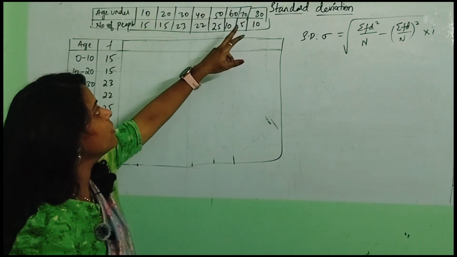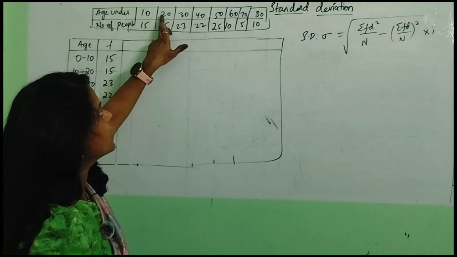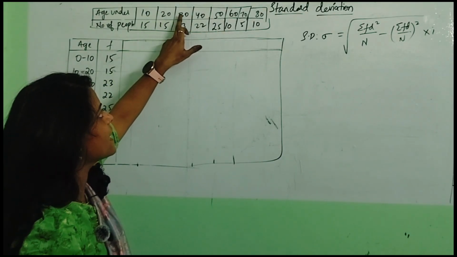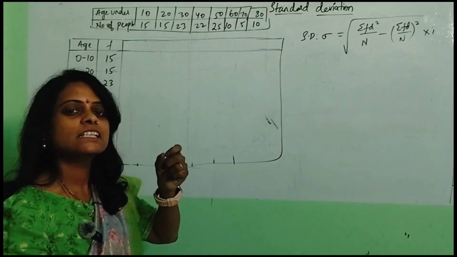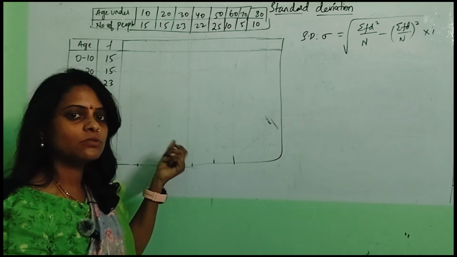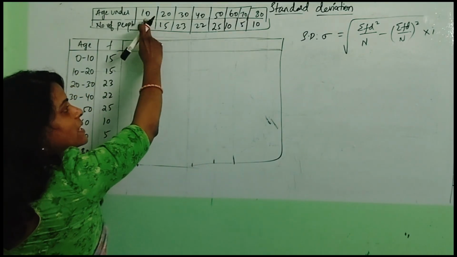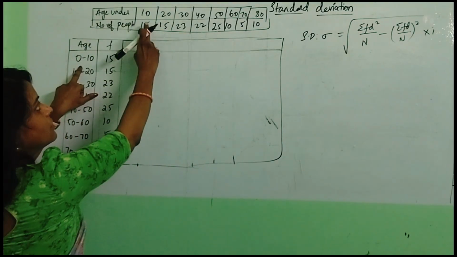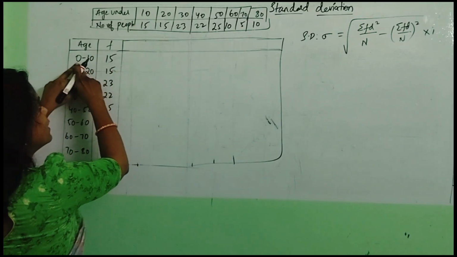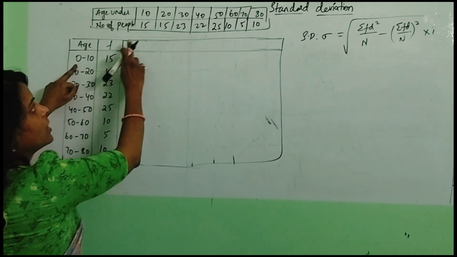See here, the class interval is always the difference, which here is 10, 10, 10, because 10, 20, 30, 40, the difference is 10. So that 10 you have to subtract from the existing values. So age under 10 means we will write it as 0 to 10.